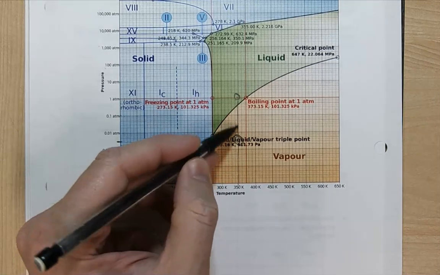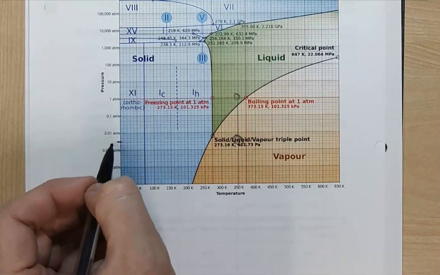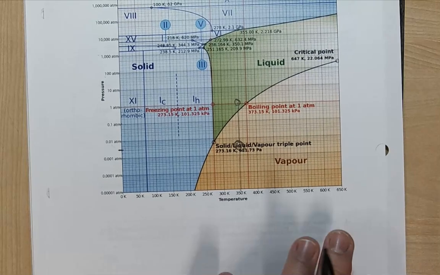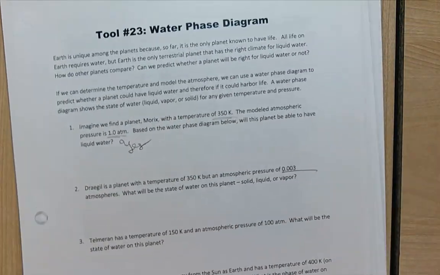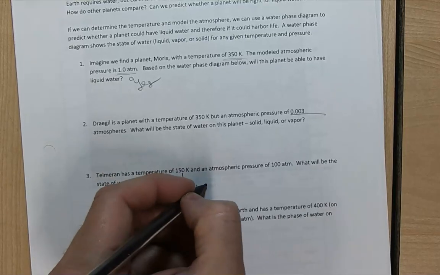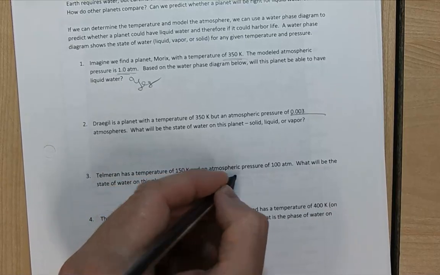Same temperature as the water on the first planet, but there's not enough pressure. There's not enough pressure to keep the water down in a liquid state. So the water's just going to boil away. So, will the water be liquid? No, it'll be water vapor.